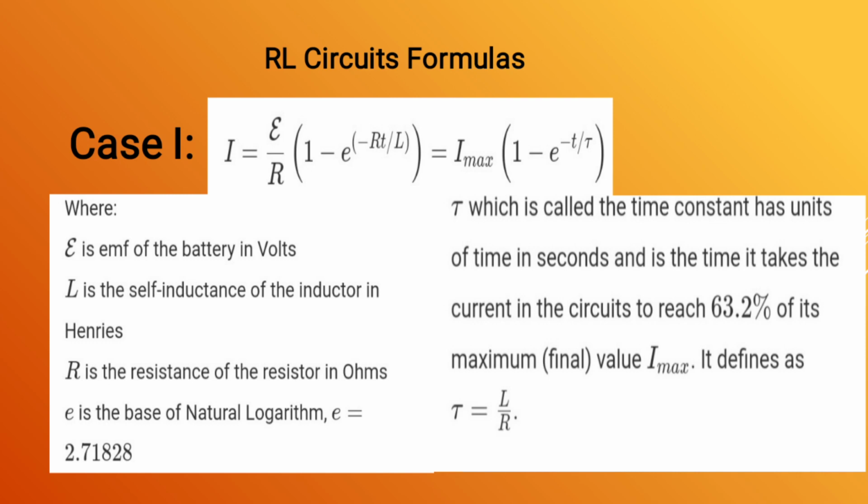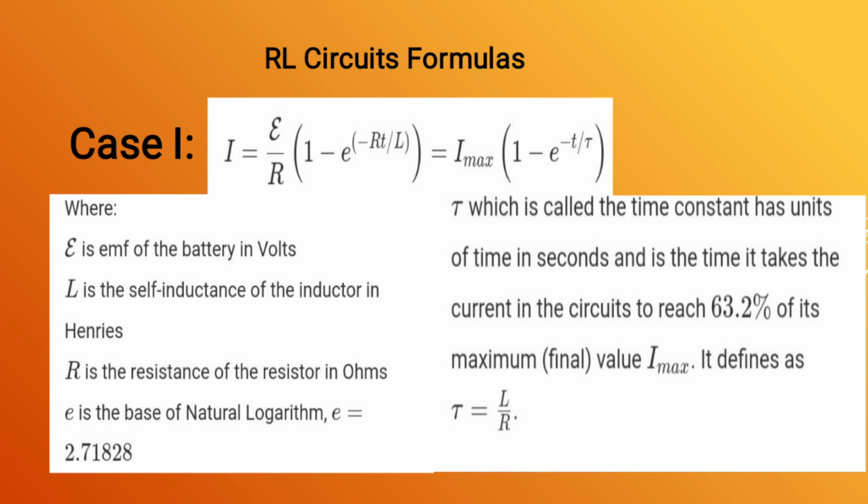e is equal to 2.71828. T, called the time constant, has units of time in seconds and is the time it takes the current in the circuit to reach 63.2% of its maximum final value, I max.